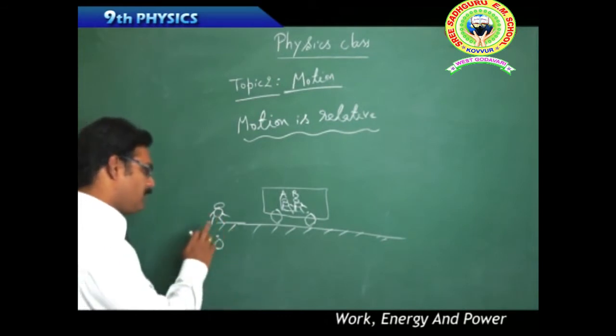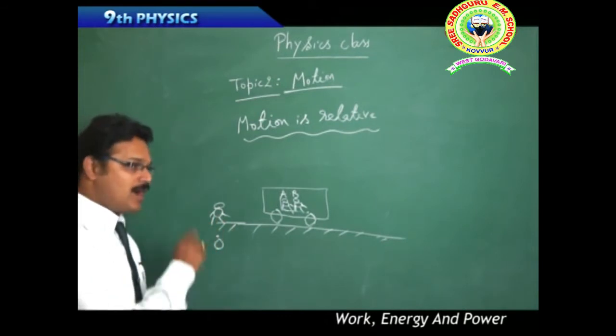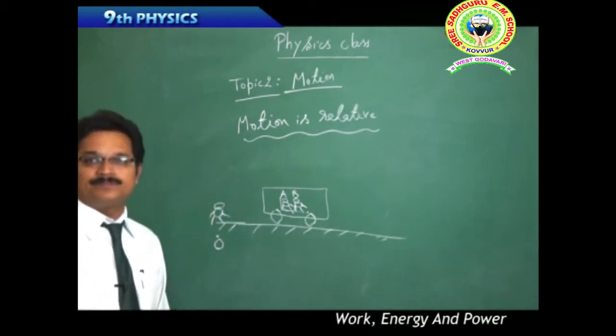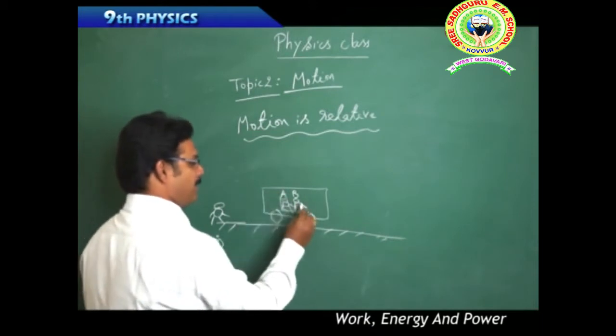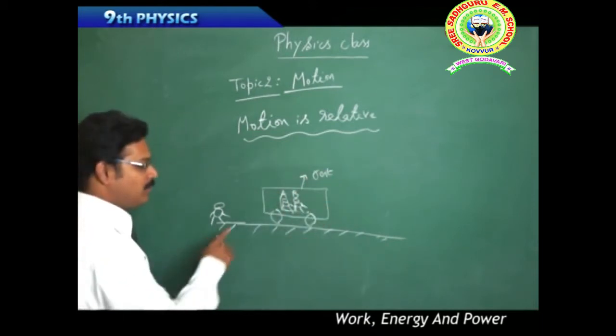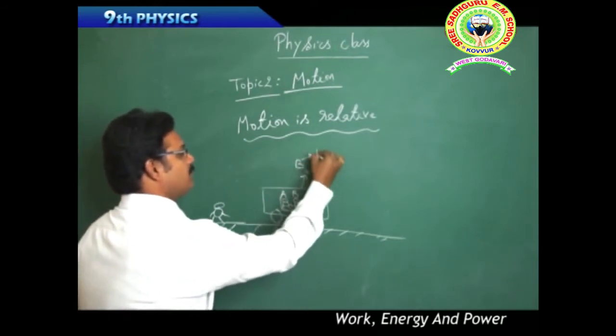But comparing to observer O, who is standing on the roadside, if you ask him, he says that passenger B is in motion. So according to A, passenger B is at rest. According to O, passenger B is in motion.